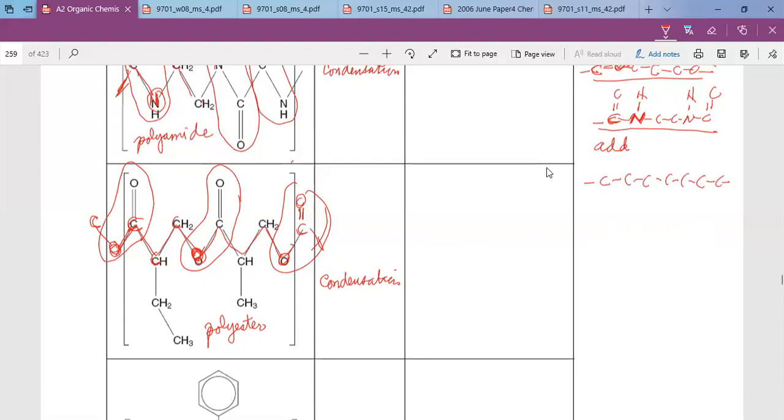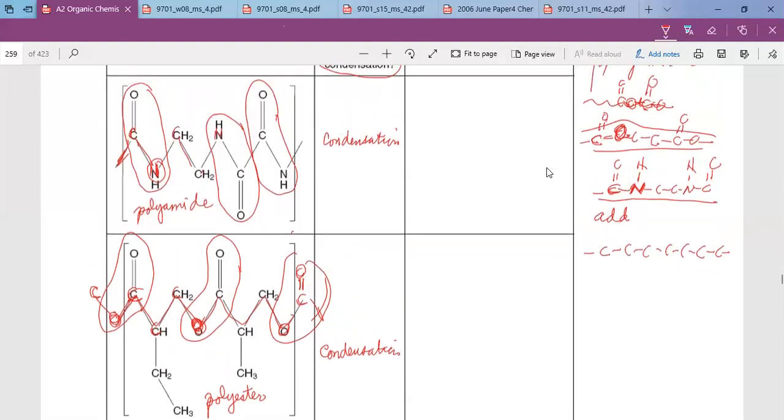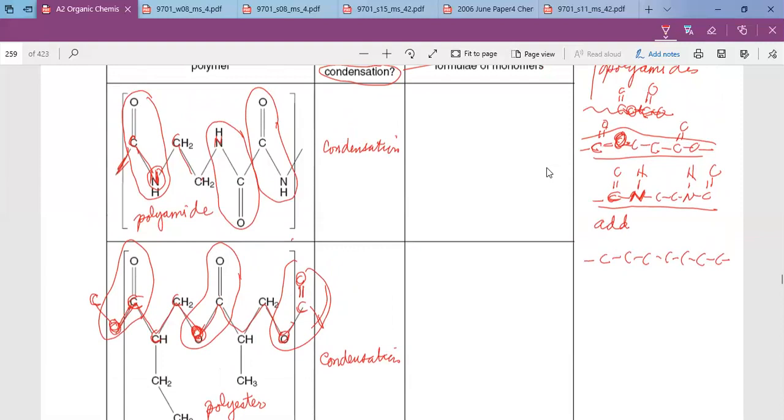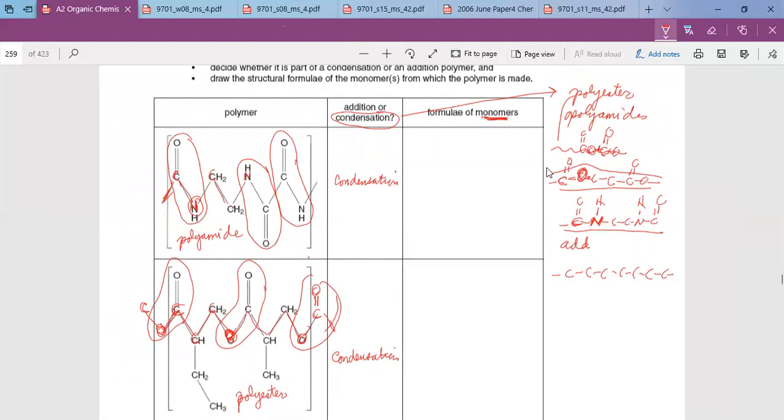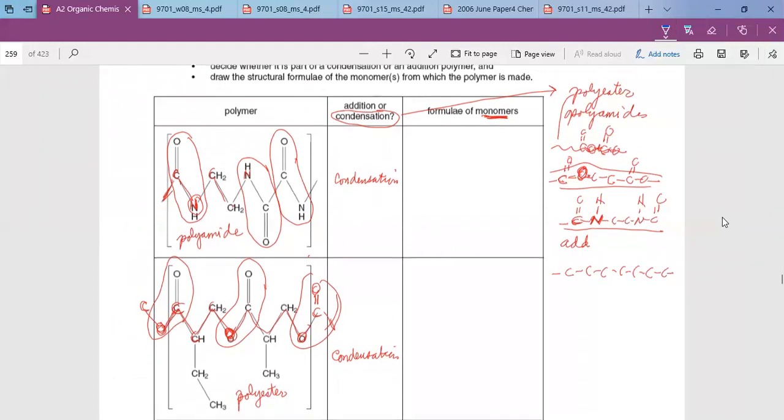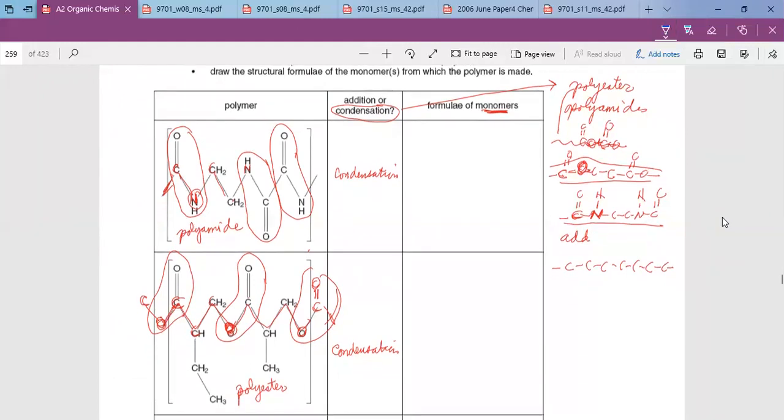I'm showing you again how I find the formula of the monomers. I'm going to use a blue pen now, which is easier. Very simple.